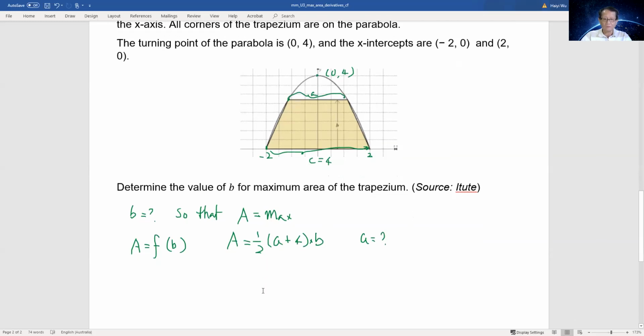In order to find A, we need to decide the coordinates of the point.